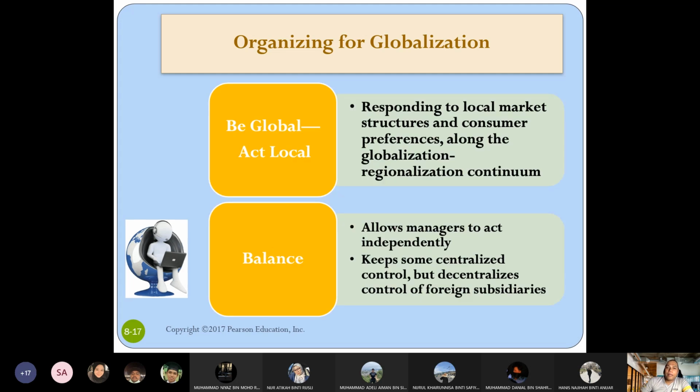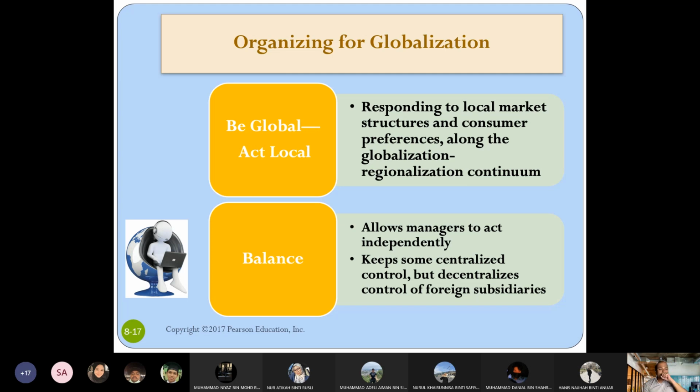All right, another approach when an organization wants globalization is to be global, act local. What does be global, act local mean? It means responding to local market structures and consumer preferences along the globalization or regionalization continuum. They try to produce the product for the global level, but for each product they refer to the country or subsidiary preferences, or the consumer preferences.